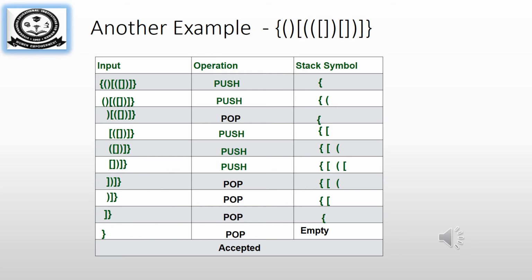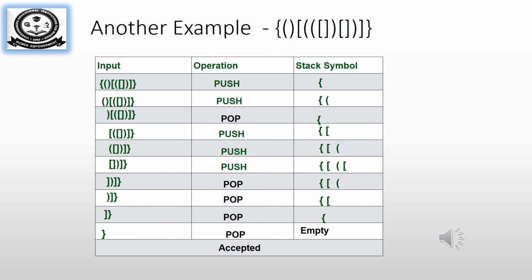The fourth operand is an open square bracket, which is pushed into the stack. The fifth is an open parenthesis, again pushed into the stack. The sixth operand is an open square bracket, which is also pushed. The seventh operand is a closing square bracket. The symbol popped out is an open square bracket, so both are nullified. Now the eighth operand is a closing parenthesis.